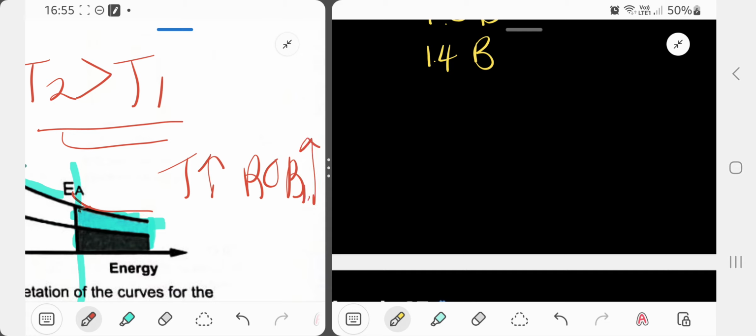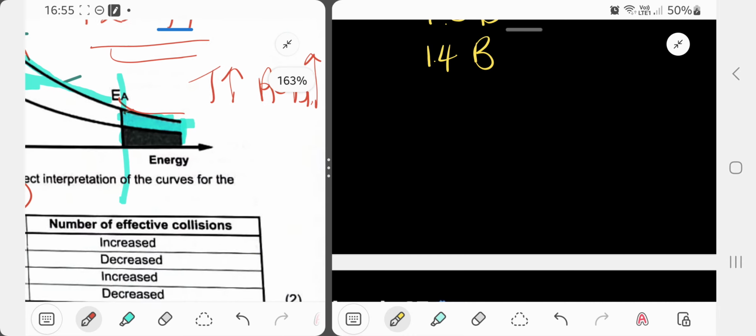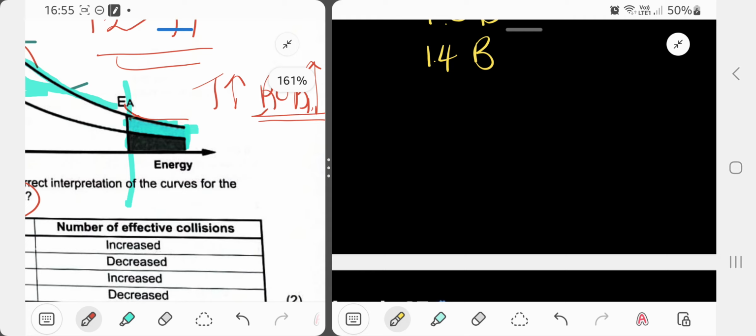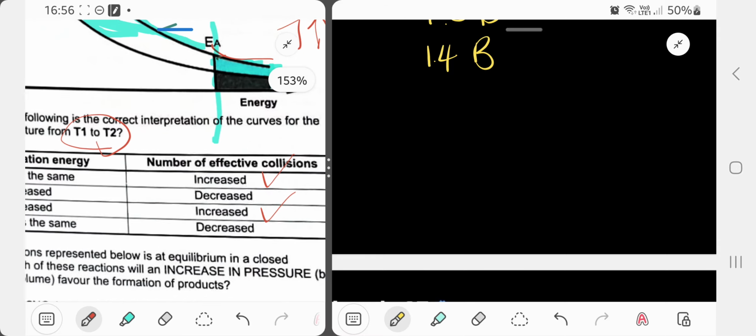So the number of effective collisions increase, because the number of effective collisions basically explains the rate of reaction. So we are saying that they increased. 1, 2, 8. So that's what we have there as the possible options.